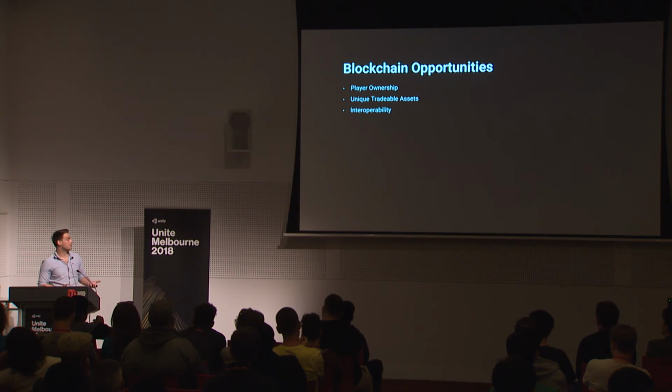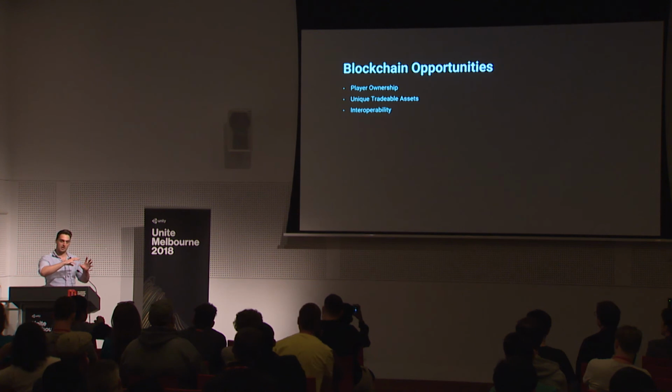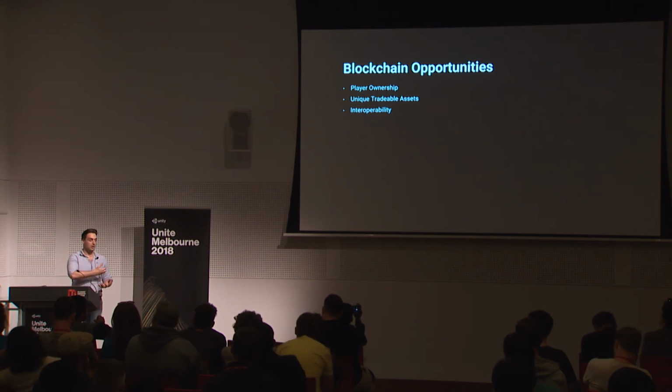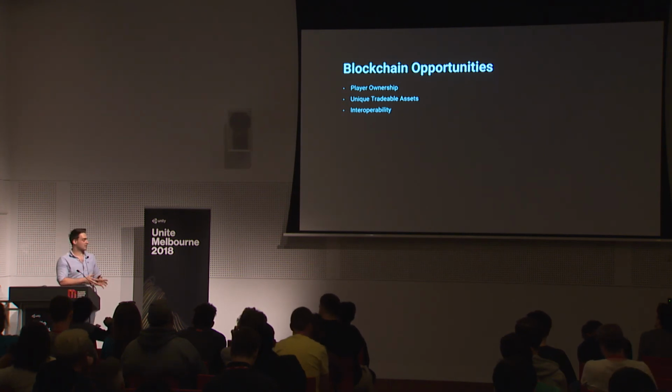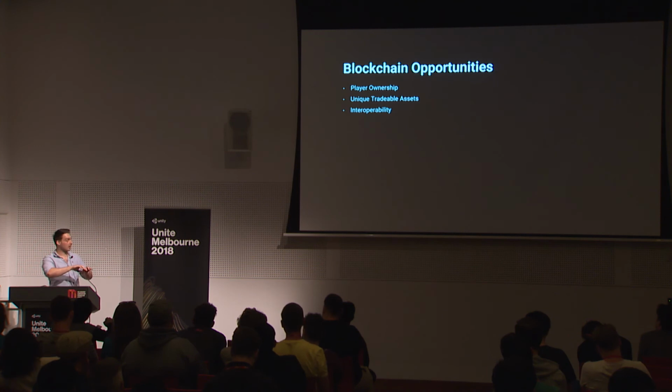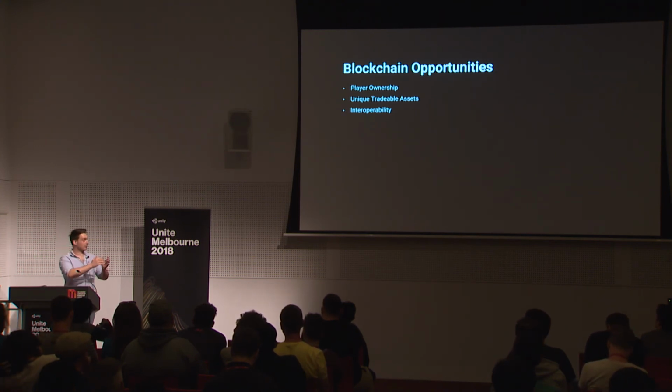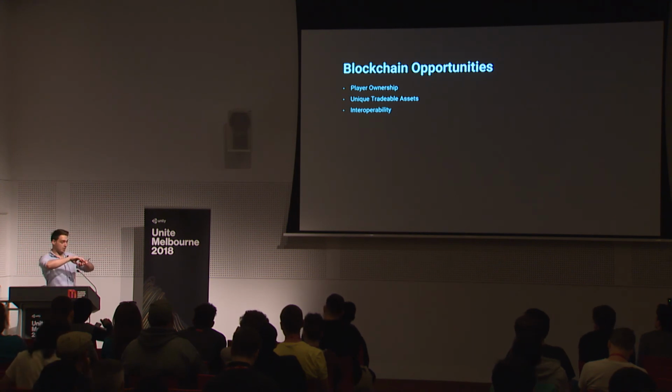There's also a lot of interoperability. If you wanted to have assets that you could use across multiple games, or a soft currency that you wanted to use across multiple games, you could implement that as tokens. Another advantage, which CryptoKitties is a good example of, is that because you've got these open smart contracts that anyone can access, you get a community of third-party apps and games that crop up.